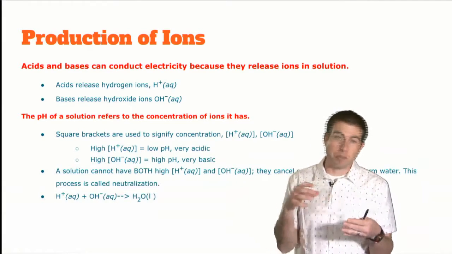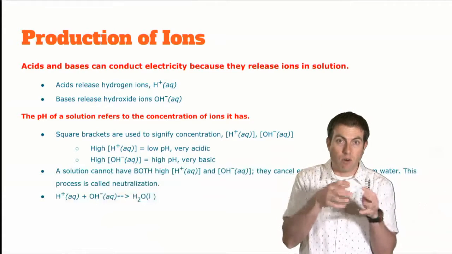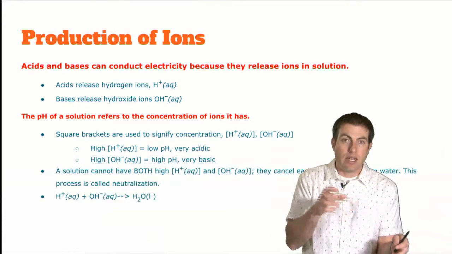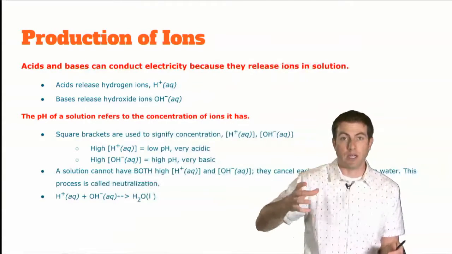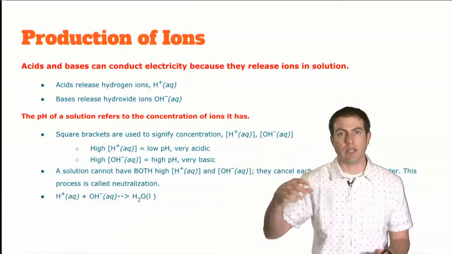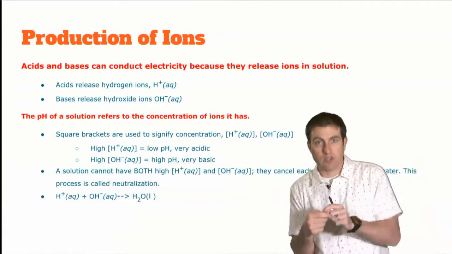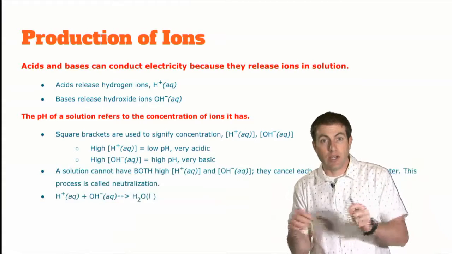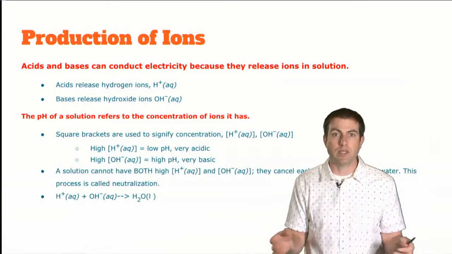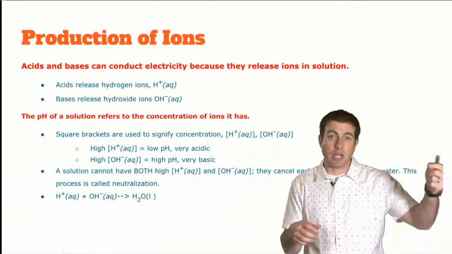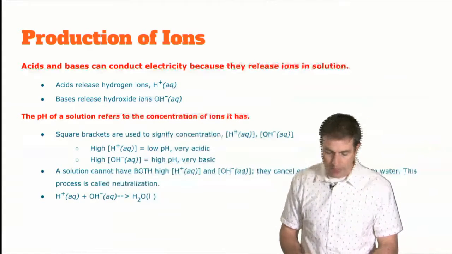So if you have a bunch of base getting added, all the acid's going to combine to form water until you run out of acid, and then you get these OH molecules floating around, and the phenolphthalein turns pink because there's a bunch of OH floating around in there. If I add some more acid, I'm adding a bunch more H's. The H's and the OH bond together until I don't have any more OH left, and then the solution's no longer pink because all the OH is gone, and then I have extra hydrogen in there now. So that's what's going on there.